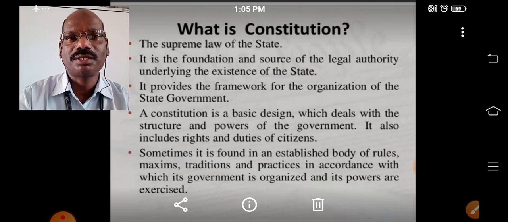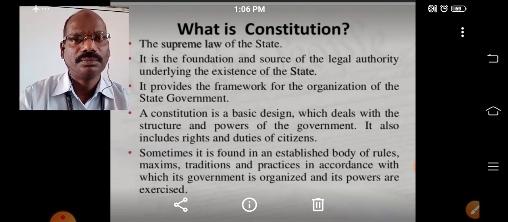This constitution is sometimes found in an established body of rules, sometimes it may be a tradition, and in other places it may be only a practice. Anyway, in accordance with it, the government is organized and its powers are exercised.